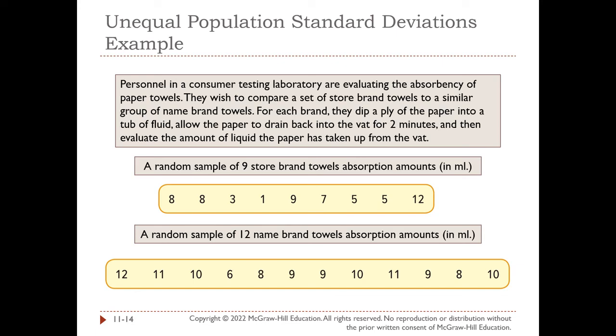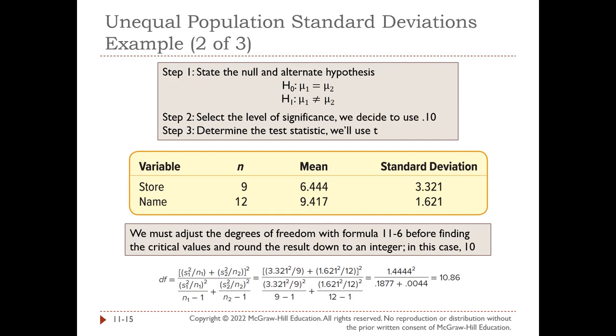Okay, after observing there is more variation in the store brand, it does not seem reasonable to assume the population standard deviations are equal. Okay, so we decide to use the t distribution and assume the population standard deviations are not the same. So again, two-tail, typically that's what we're going to see.